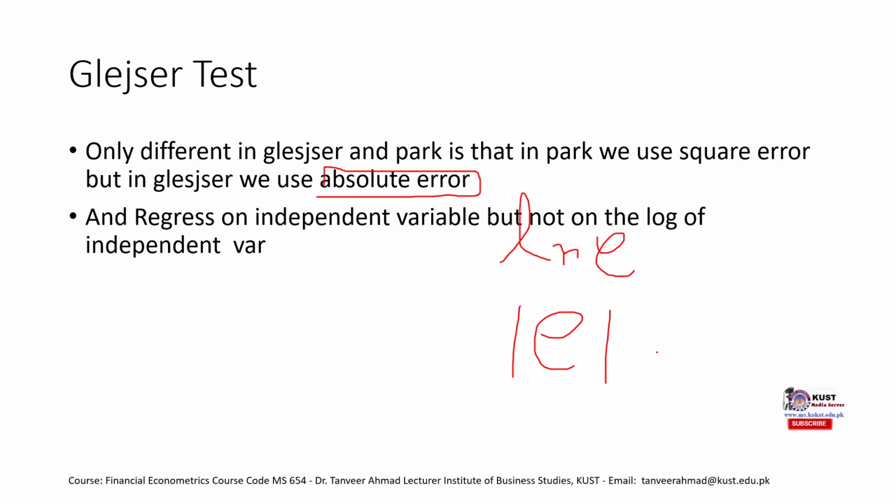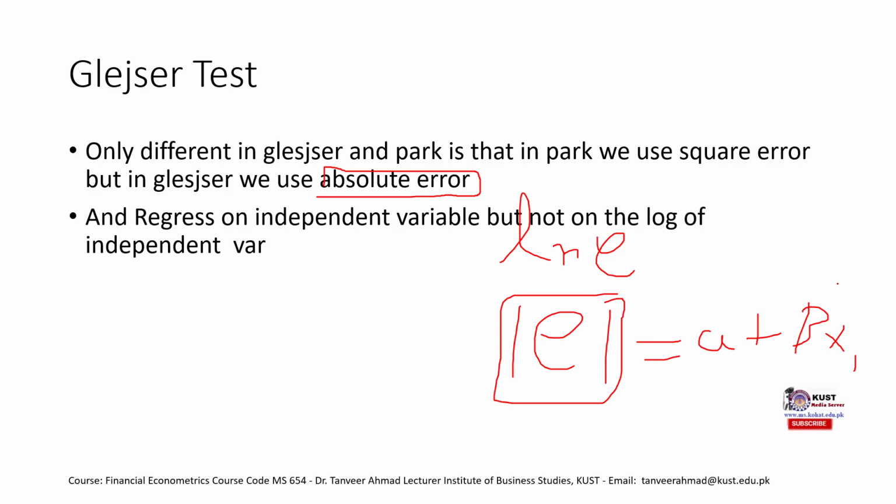So the equation would look like this: alpha plus beta x1. Instead of taking log on both sides, we take the absolute value of the error term and we do not take the log. And again the idea is similar. If the p-value is less than 0.05, then it means that we have the issue of heteroskedasticity.